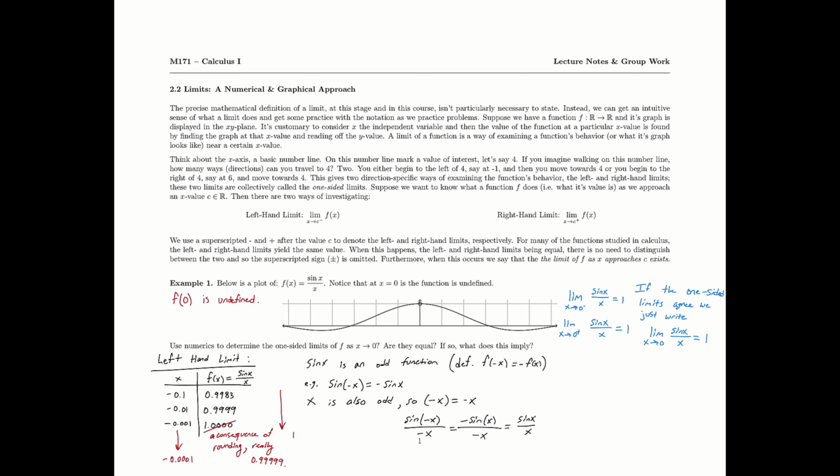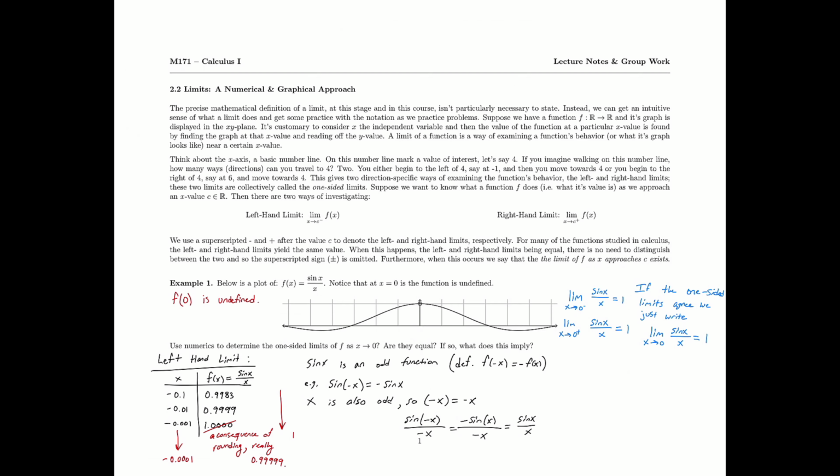And in fact, an odd function divided by an odd function is an even function, and this right here is an even function because you can fold it about the vertical axis. The vertical axis is a line of symmetry. So we're going to skip doing the table for the right-hand limit because it's literally the same.